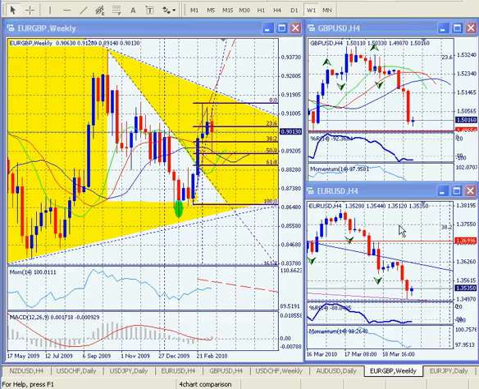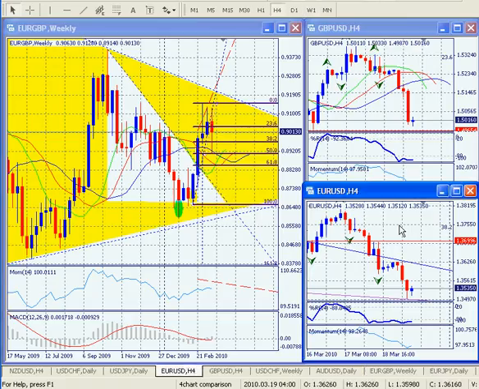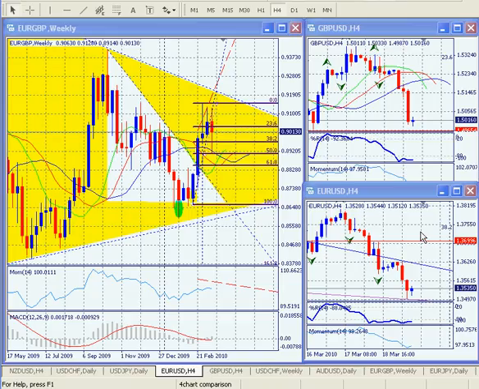The euro pound correction was basically triggered by the euro's movement lower and back to 1.35 levels, as indicated here on the 4-hourly chart, which made the euro pound move lower back to the 0.8920 price levels. The euro as well as the British pound is still on a bearish trend.